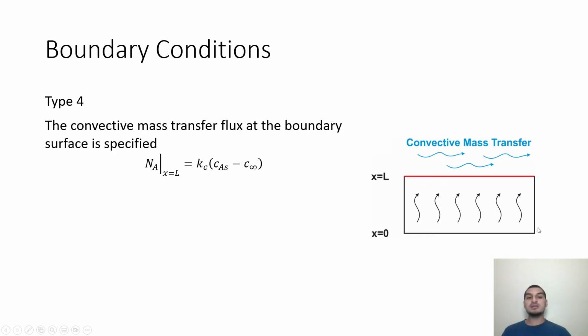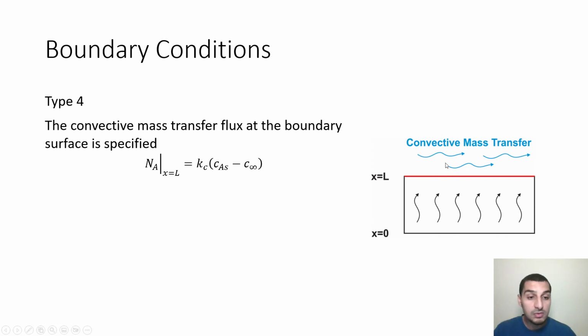The last case is if you have convective mass transfer, and by this we mean, for example, you have a cup of water where this is the surface of water. Water vapor is diffusing from the surface of water to the upper surface of the cup. All this is molecular diffusion, but above the cup there is a fan or something that is making a flow of air above the cup.